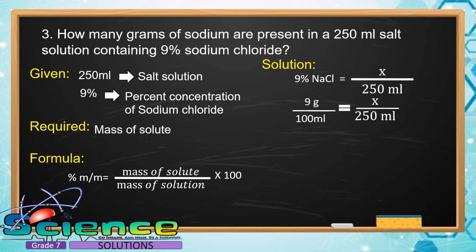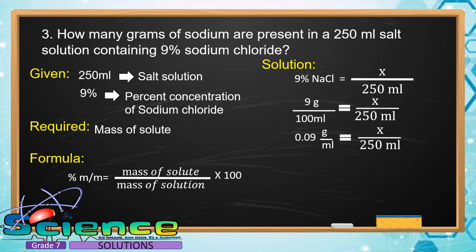Now 9 divided by 100 is equal to 0.09 gram per ml, is equal to, just copy, X over 250 ml.